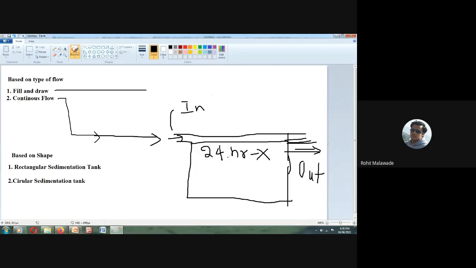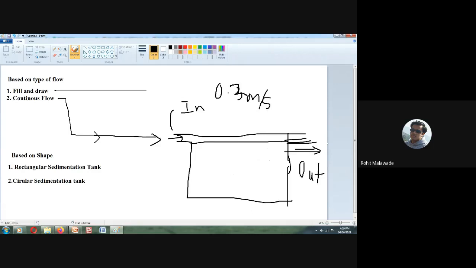Instead of that, we are allowing the water to flow in this tank at a lesser speed, a velocity of less than 0.3 meter per second, that we are going to maintain in the tank.